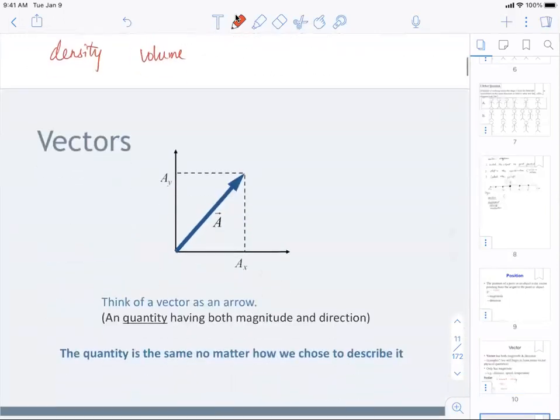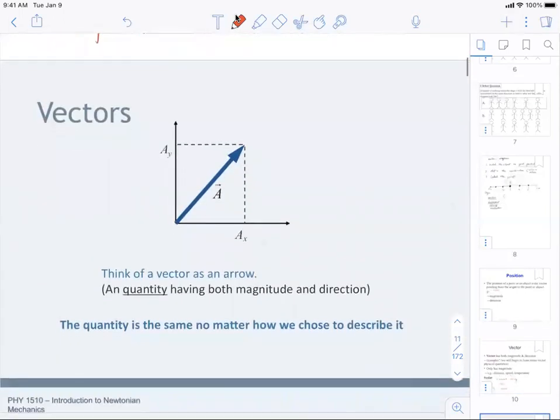So there are different ways in math we represent vectors. For example, if we have a vector and we're looking at this vector in the x and y direction, we can represent it two ways. One way is to tell people how much it is in x and how much it is in y.